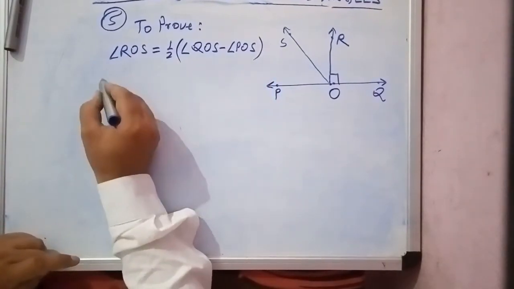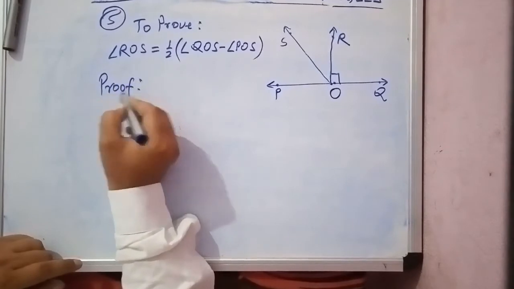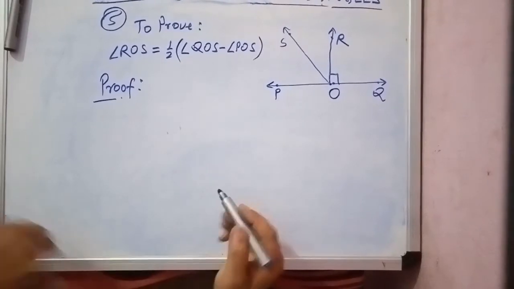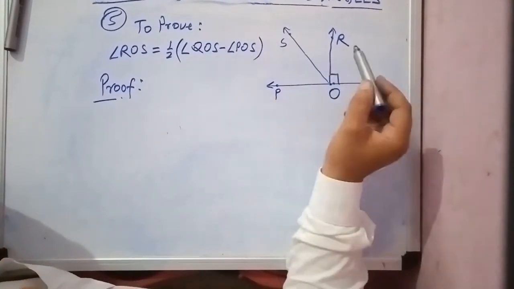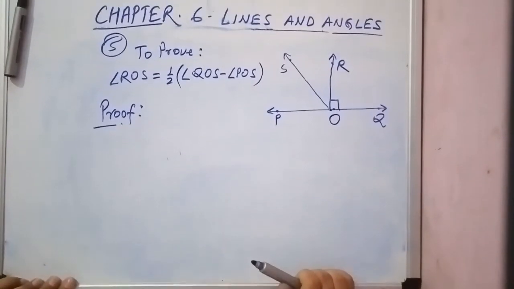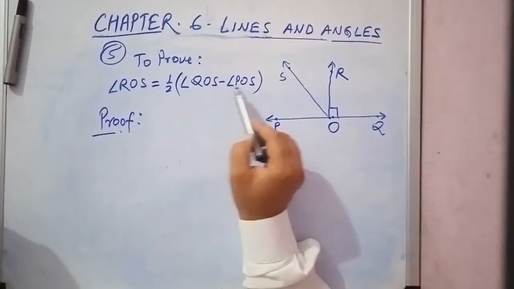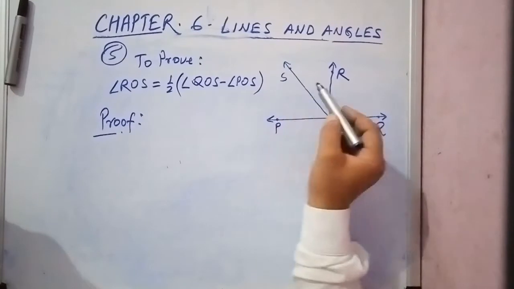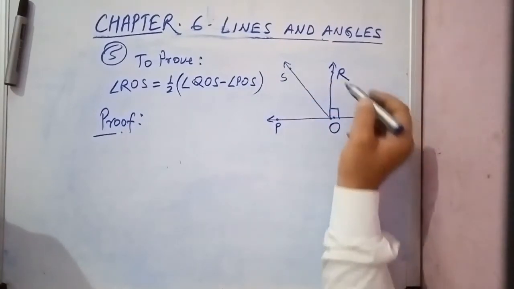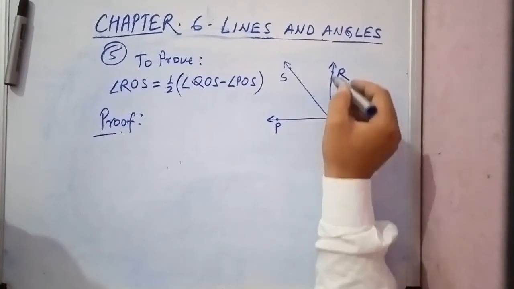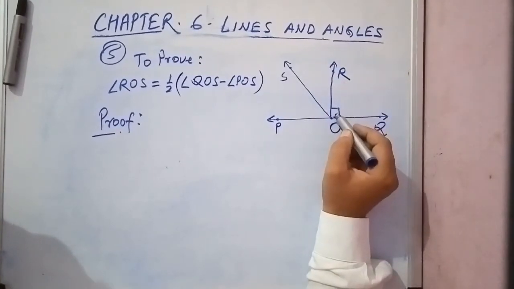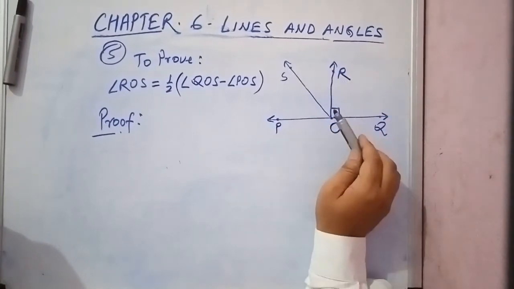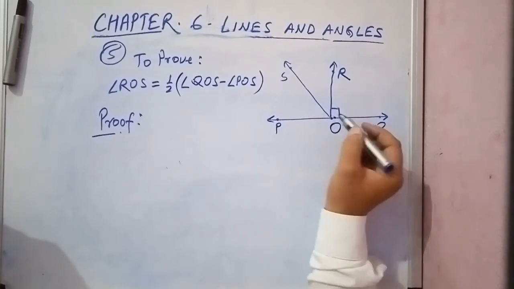Proof: in the RHS of this question, we need to find the difference of angle QOS and angle POS. Since angle QOR is 90 degrees, the remaining portion, angle POR, is also 90 degrees.